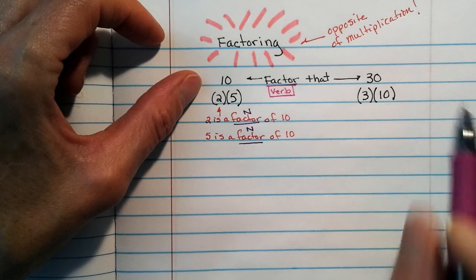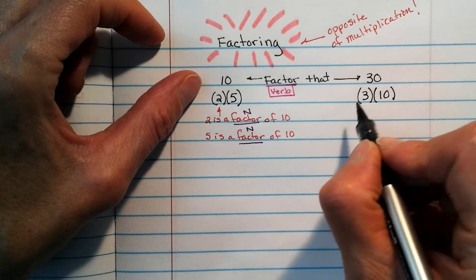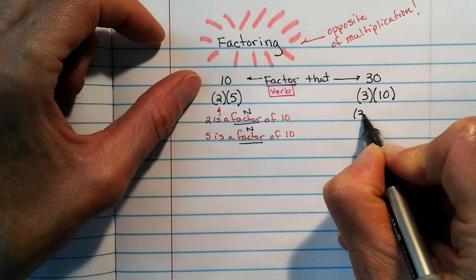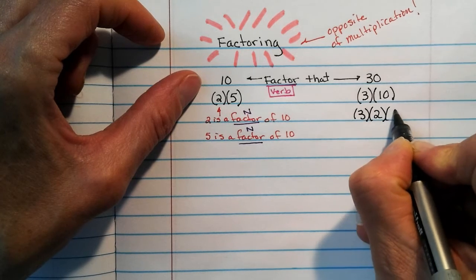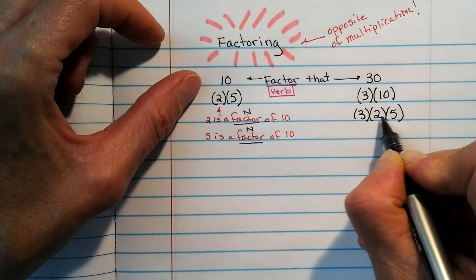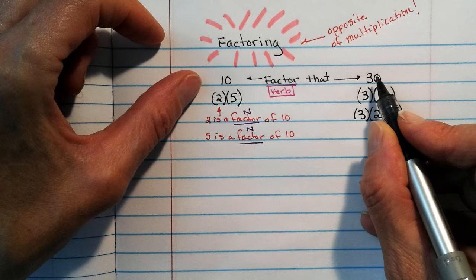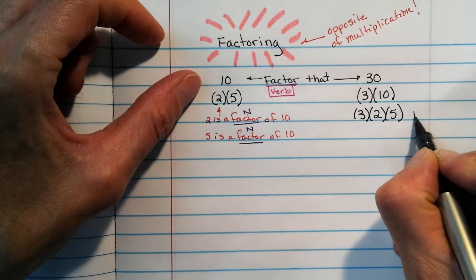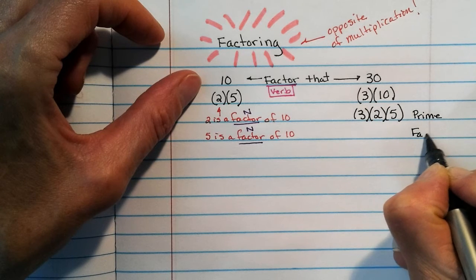There's many more. But we really want to do what's called a prime factorization. So 3 is already prime, and 10, as we see, is also 2 times 5. So here I have 3 factors. When multiplied together, give me 30. This here is called prime factorization.